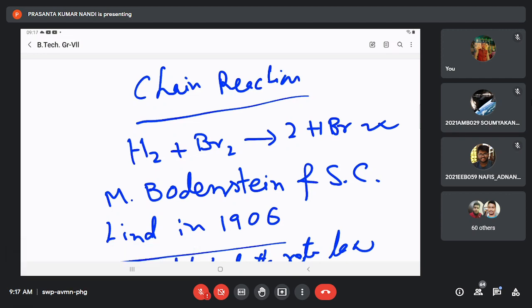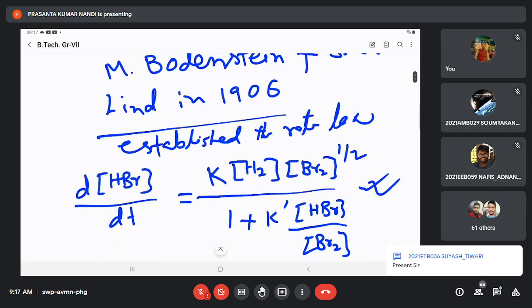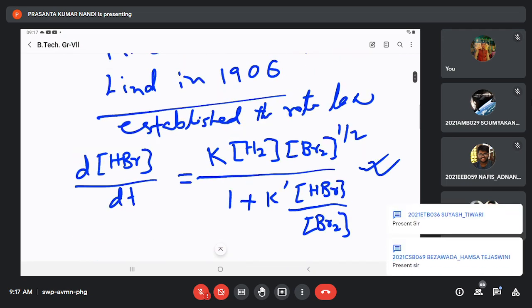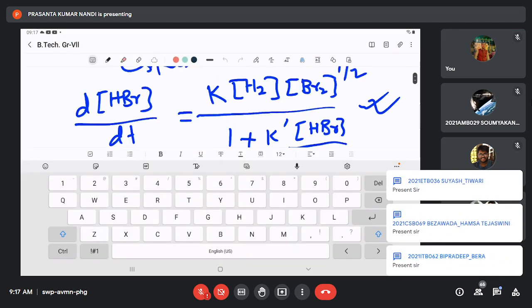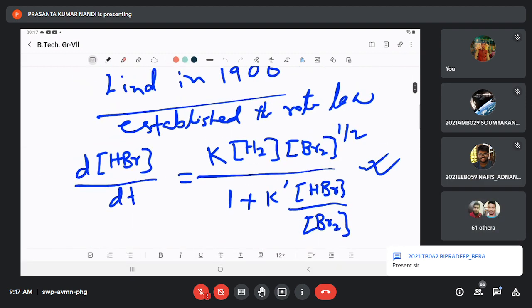And this reaction mechanism was proposed by M. Bodenstein and C. Lind in 1906, and they established the experimentally observed rate law. What was the experimentally observed rate law? That is this, right?